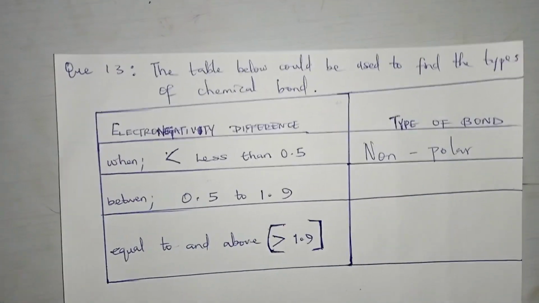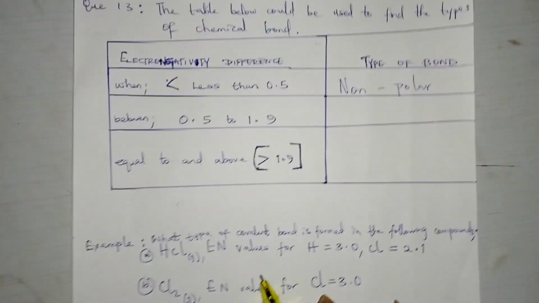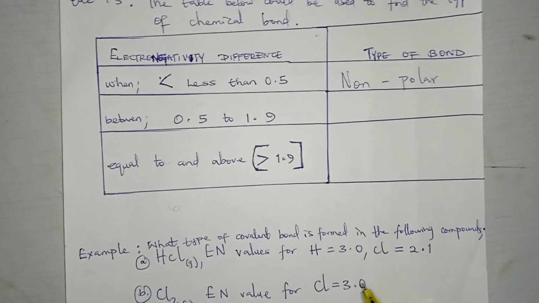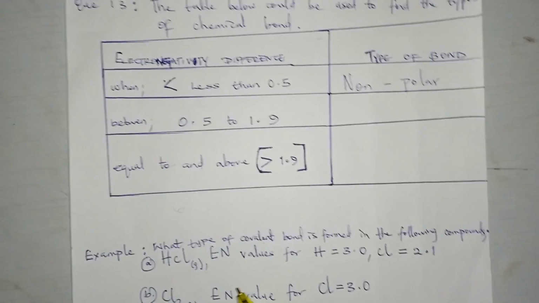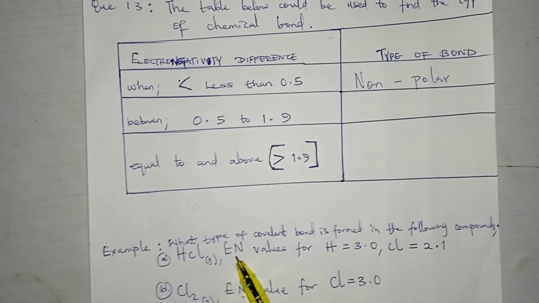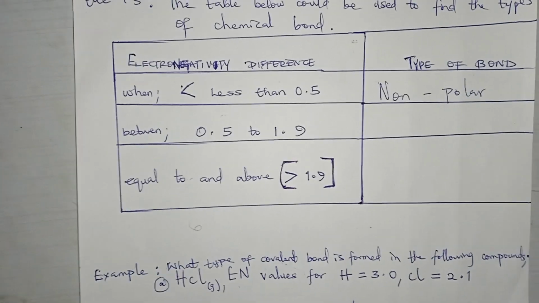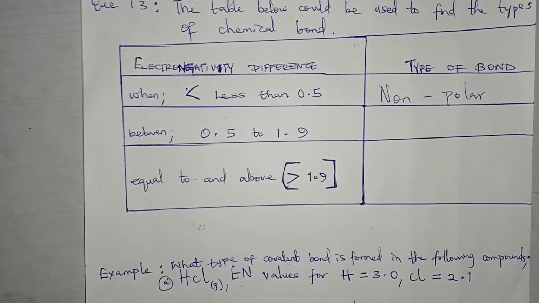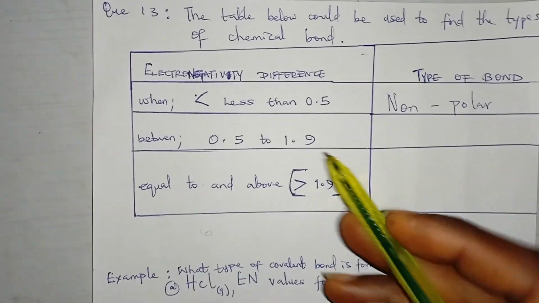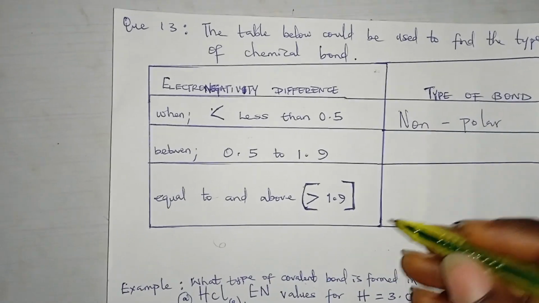A question can be given to you, for example: what type of covalent bond is formed in the following compounds. They give you En. This En stands for electronegativity. Once you see this kind of question, know that if the value you have after subtracting is less than 0.5, it is a non-polar covalent bond.